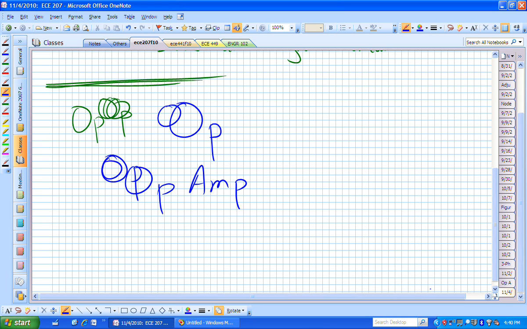We have R2 over R1 plus R4 over R sub 1 plus R4 R2 over R1 R3, times Vn, which is V amp. And what do we know about our R's? Those R's are positive, so they're not going to change the sign inside that square bracket. And this is now what we started out saying we were going to analyze, and that was an inverting op-amp.